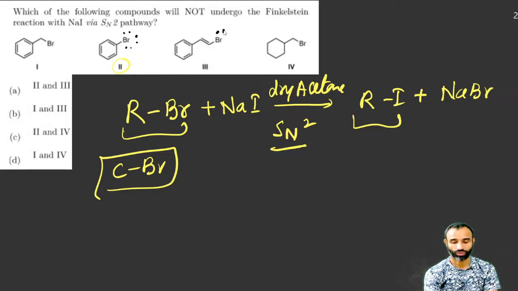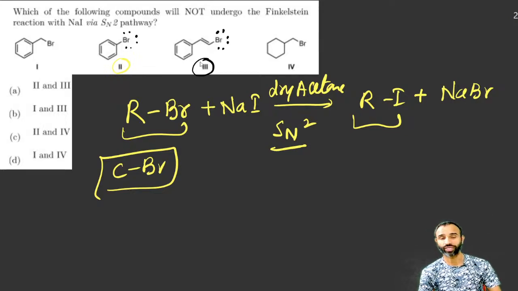Again, it is not possible in third, same reason, due to resonance. So that means second and third will not undergo the Finkelstein reaction. So option A should be correct, right? Yes. In both cases, the reason is the same, due to double bond character. All right.